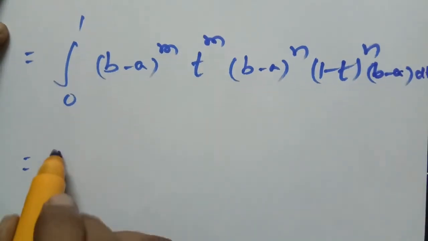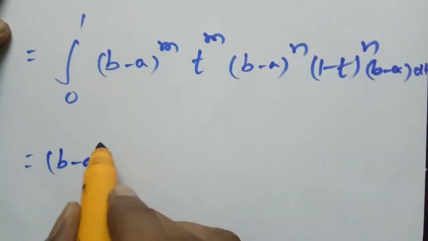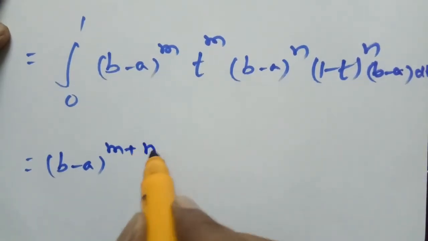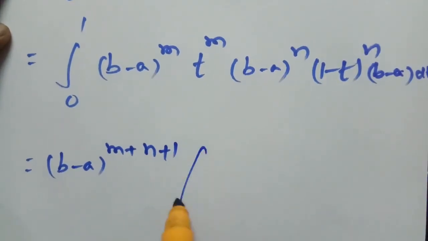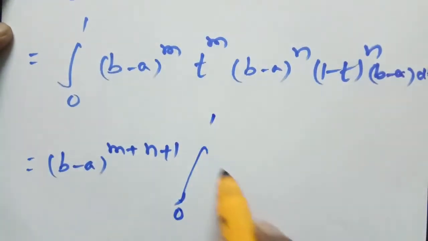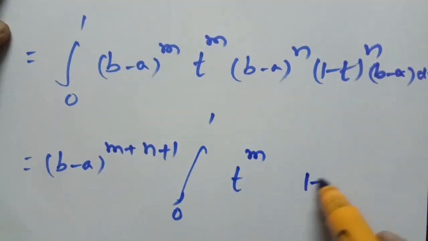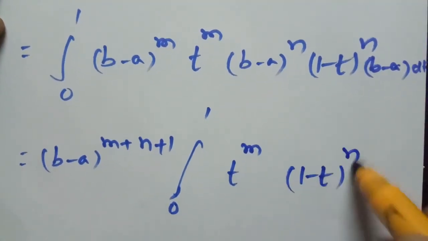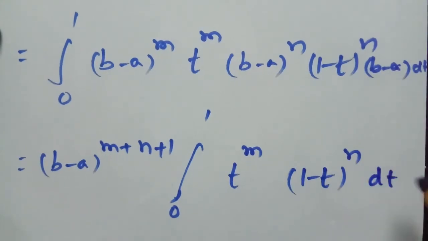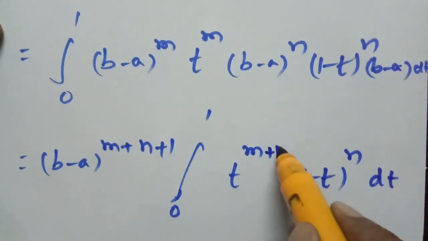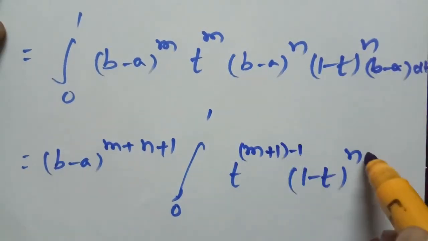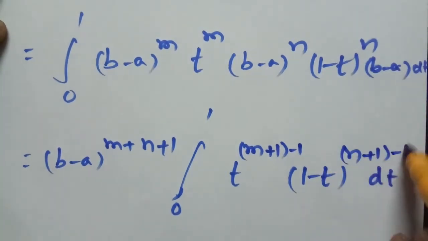Therefore again b minus a whole power m, b minus a whole power n into b minus a, the bases are equal, so we are adding the powers: b minus a whole to the power of m plus n plus 1 into integral 0 to 1 t to the power of m into 1 minus t whole to the power of n into dt. This can be written as plus 1 minus 1. This can also be written as plus 1 minus 1.